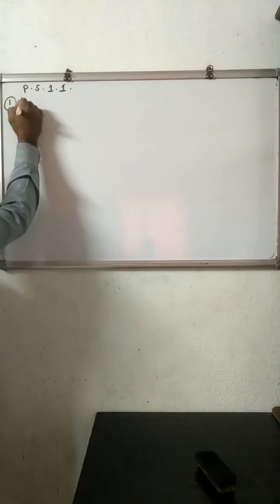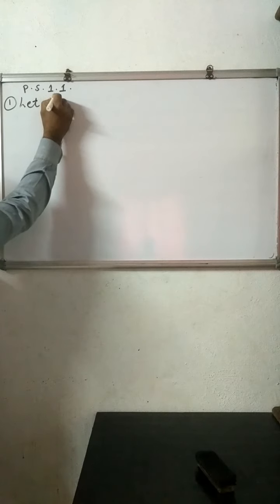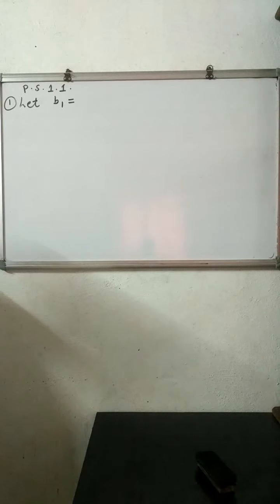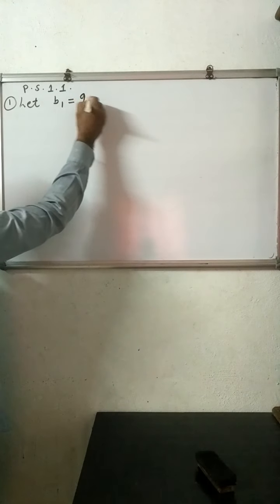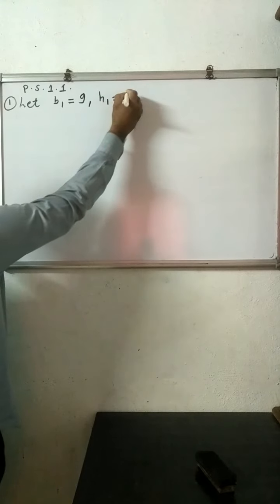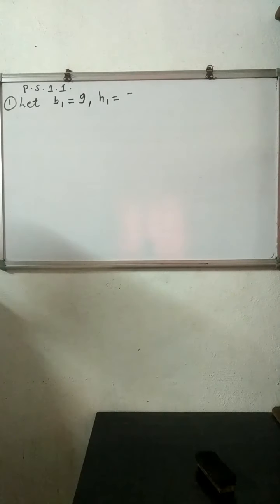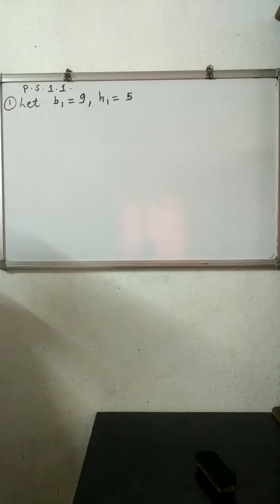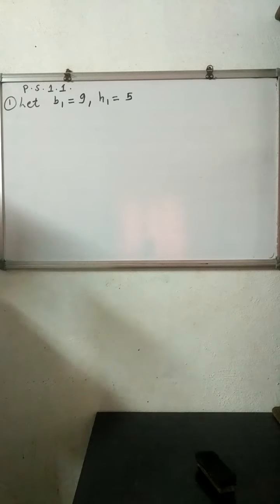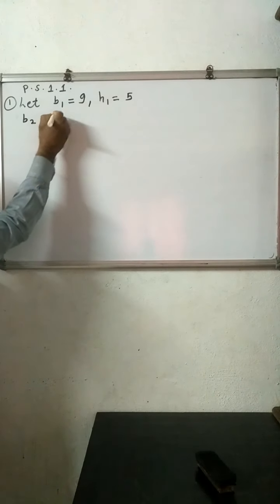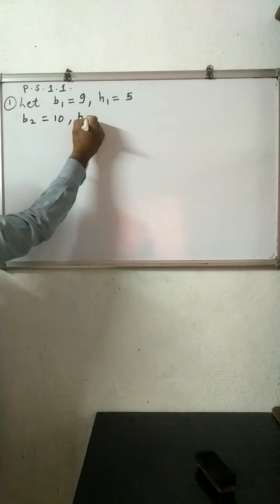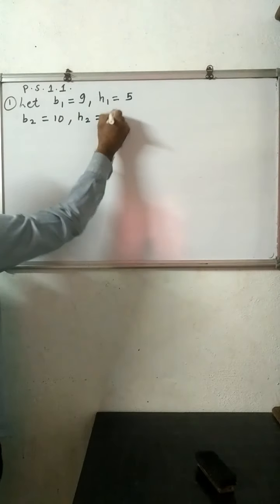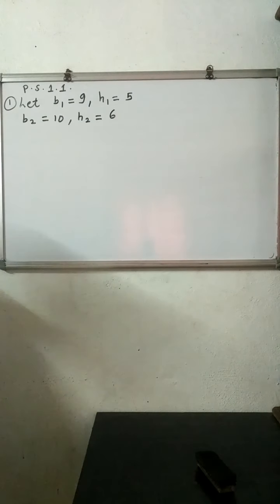So let base B1 of first triangle be 9 and height H1 is equal to 5. Also, the base of another triangle B2 is 10 and height H2 is 6.